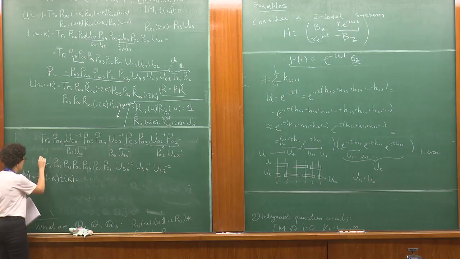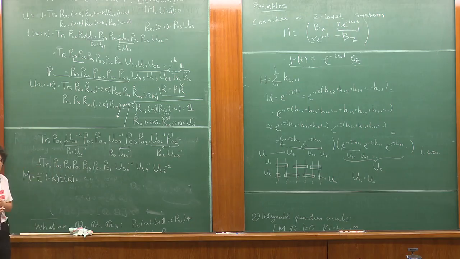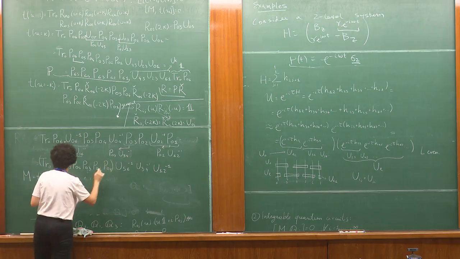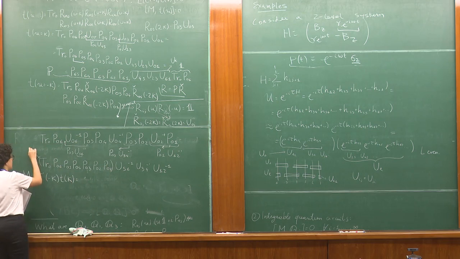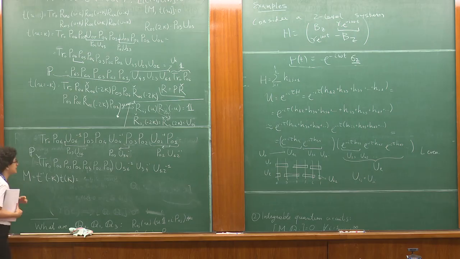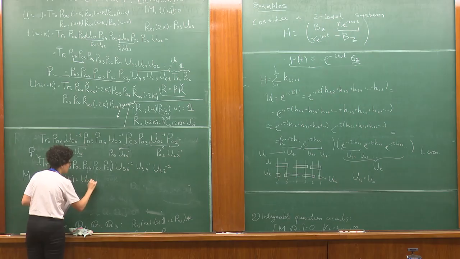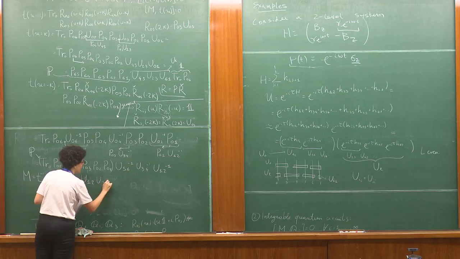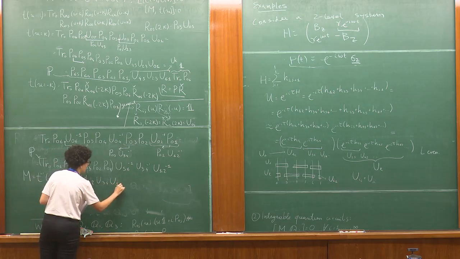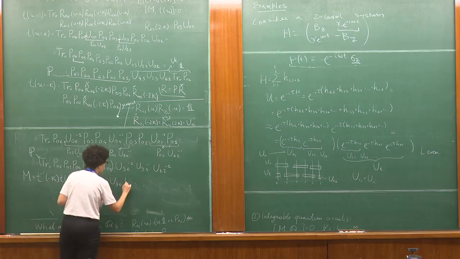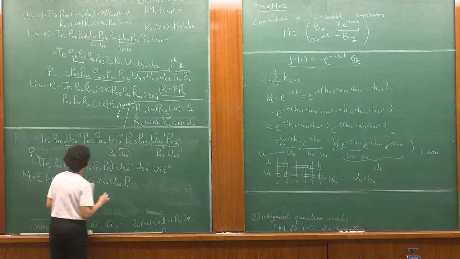This P times this P, exactly, so this will be P, because we did it already some times. Now we take the inverse of this. This gets U_12, U_34, U_56. Then we have P inverse.